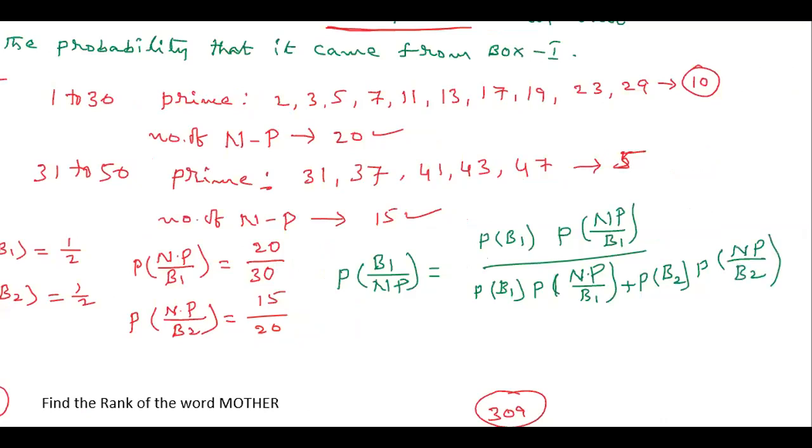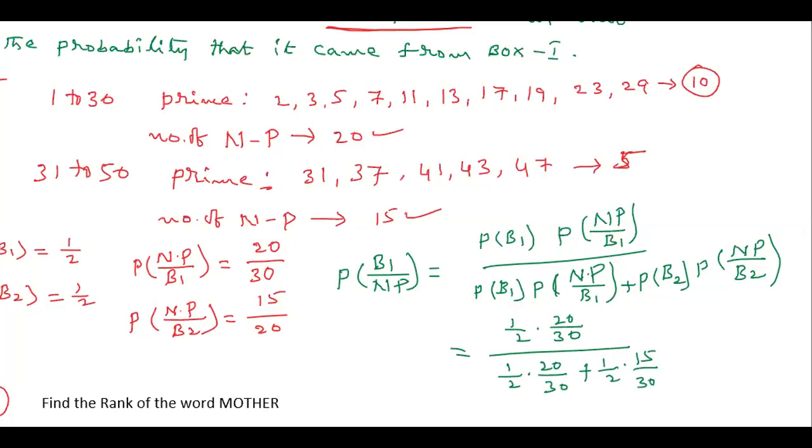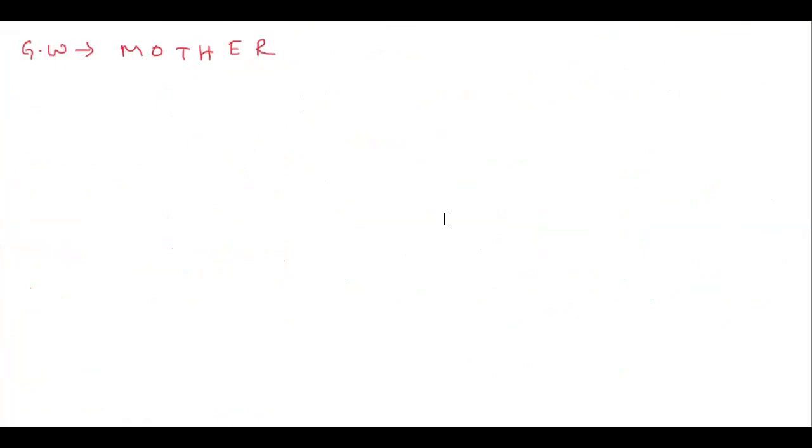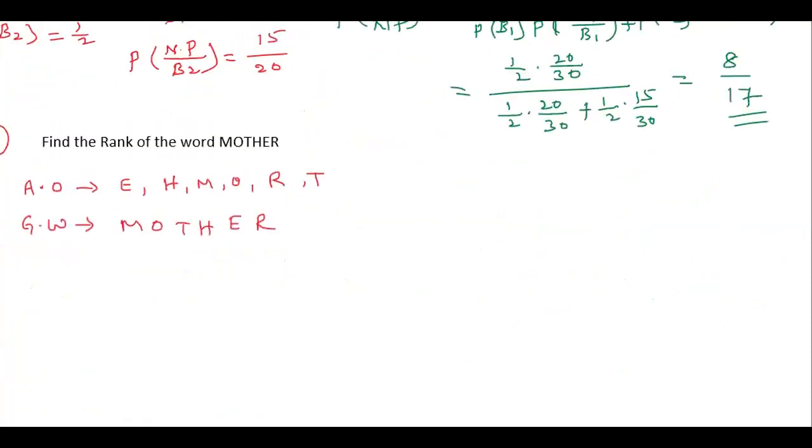Now substitute the values. Numerator 1 by 2 into 20 by 30, divided by 1 by 2 into 20 by 30 plus 1 by 2 into 15 by 30. Do the calculation, we get answer 8 by 17. This is a very easy question, given by using Bayes theorem. Next, go to another question.